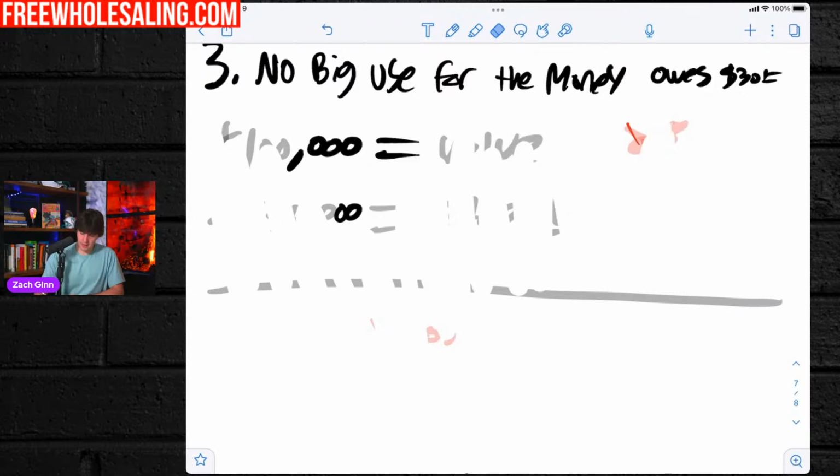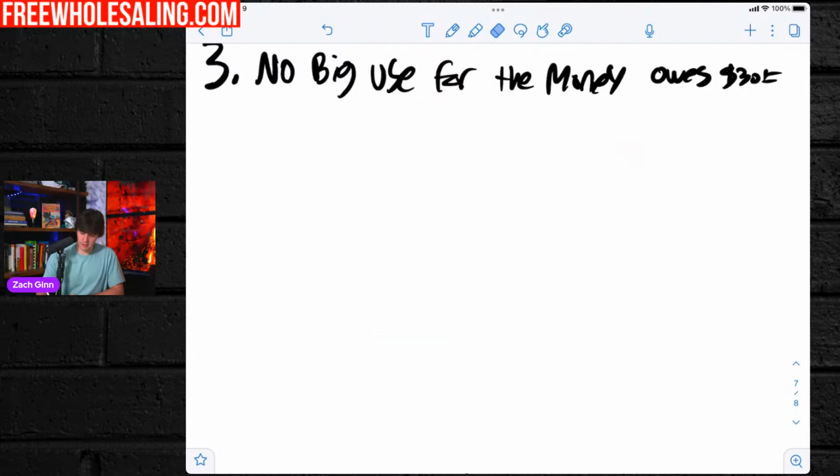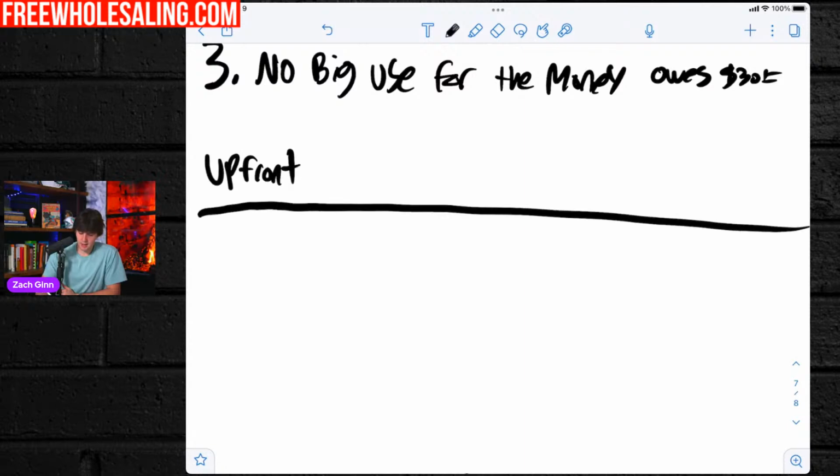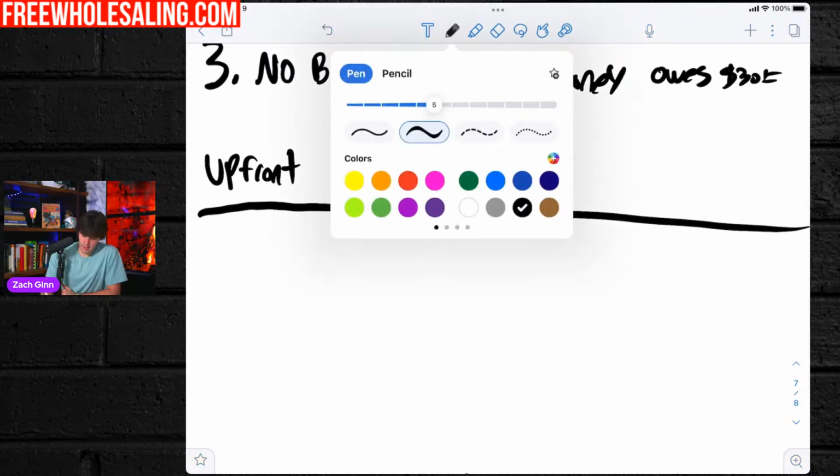It's a fun term, but let's do this. All right, so for this property, let's say we agree to give him $10,000 up front. I like to look at this in a box, but actually let's make this even simpler. Up front, I agree to give the guy $10,000.